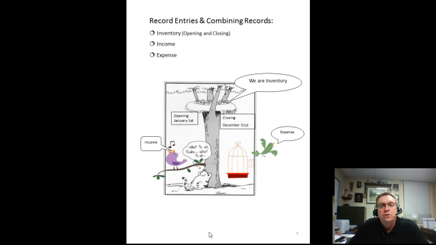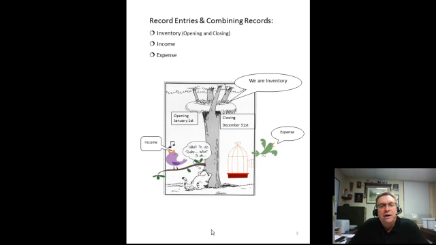This cartoon shows the cat has the birds in the tree, and he has his assets there. That's his inventory. Remember that we told you that the opening inventory is January 1st and the closing is December 31st. And now we add two more records onto that, which is income records and expense records. Income is money coming in, expense is money going out.